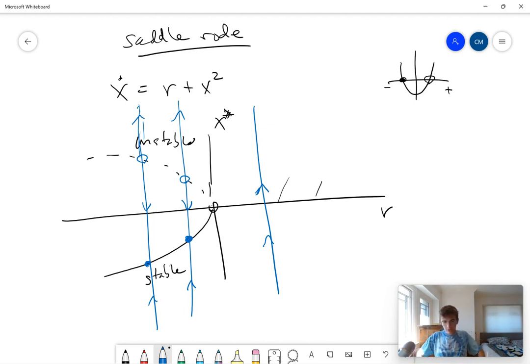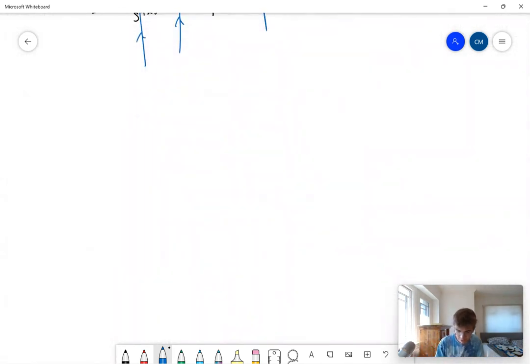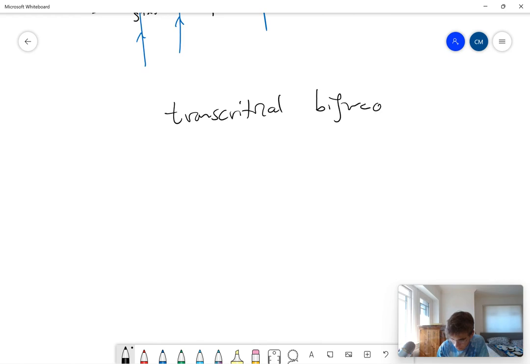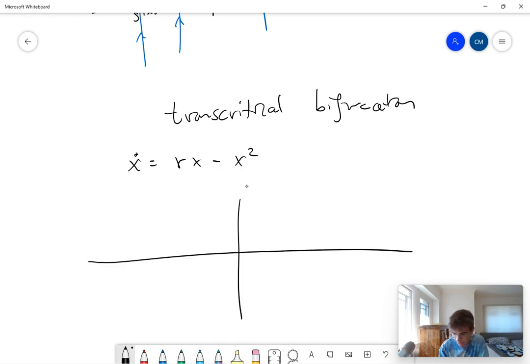So now let's do this for the transcritical bifurcation. So transcritical. We have x dot is equal to rx minus x squared. Now if I plot the fixed points as a function of r, it's going to look a lot different, okay?